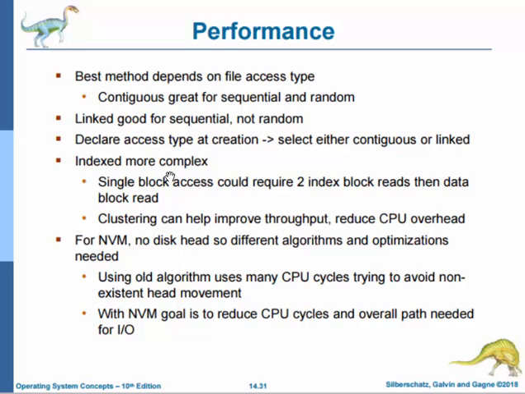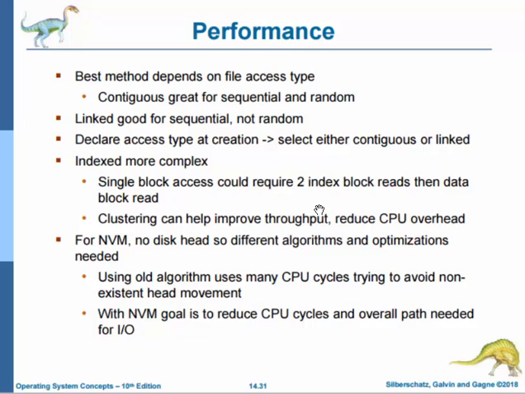Now, index allocation is more complex. If the index block is already in memory, then the access can be made directly. However, keeping the index block in memory requires considerable space. If this memory space is not available, then we may have to read the first index block and then the desired data block. For a two-level index, two index block reads might be necessary.